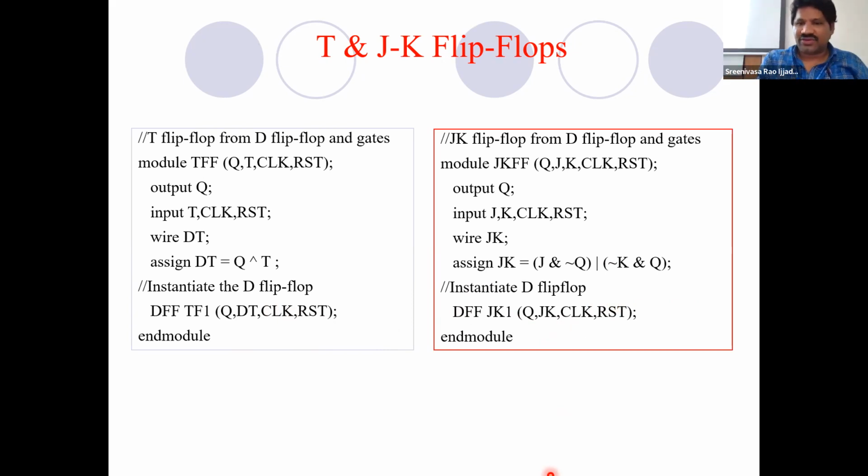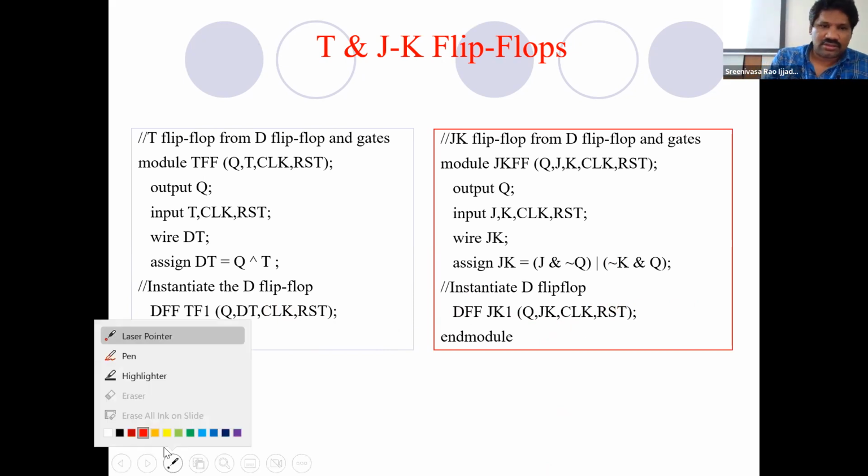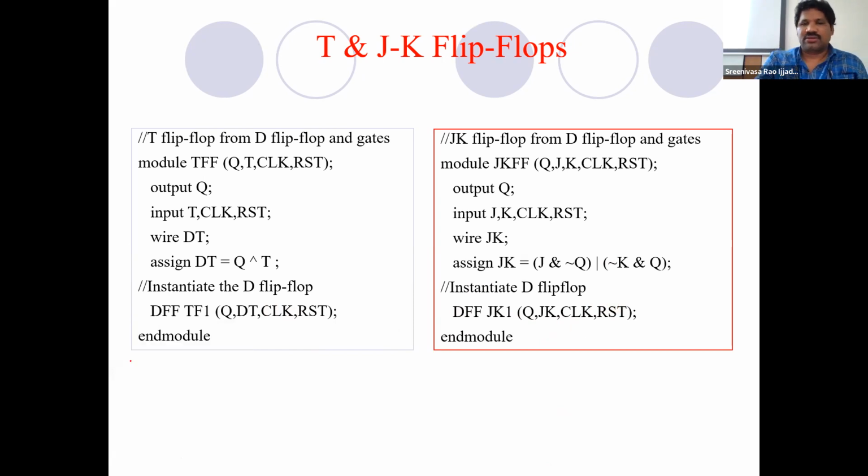If you want to make JK from this, this is the D, this is the Q, and this is the Q bar.